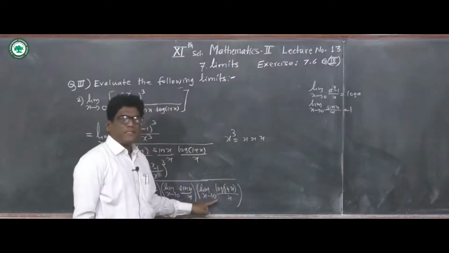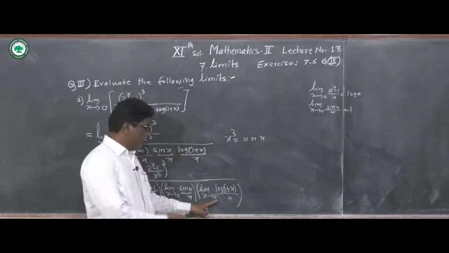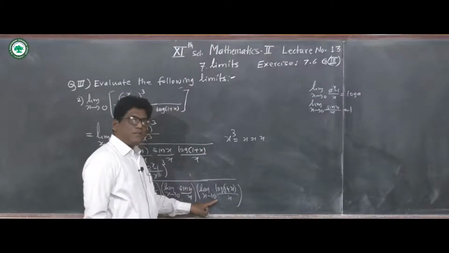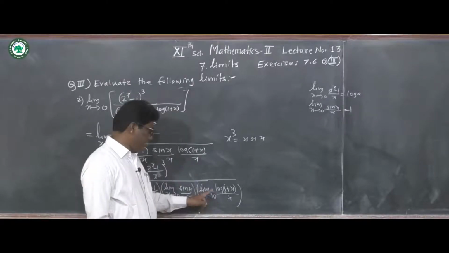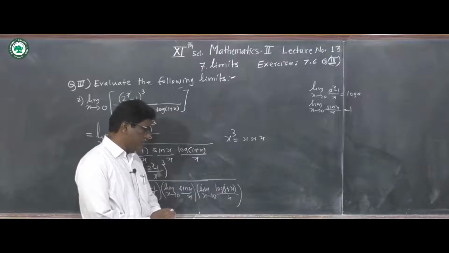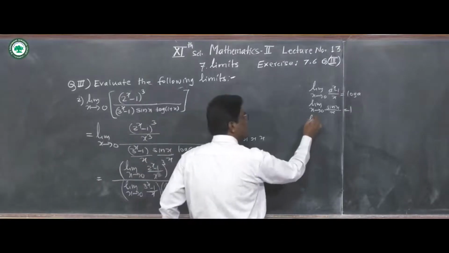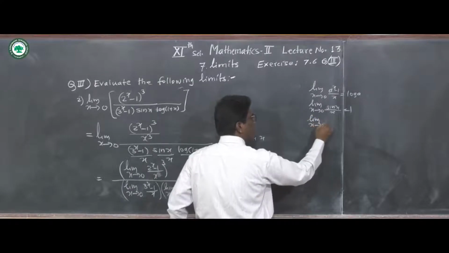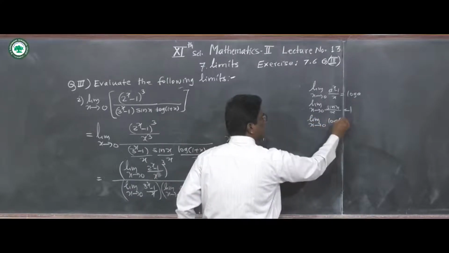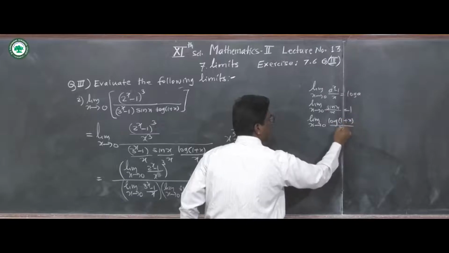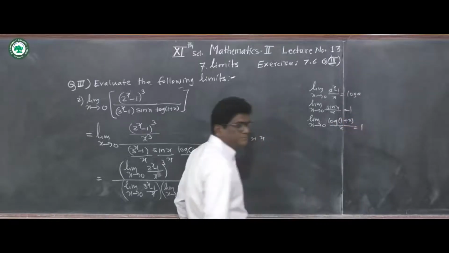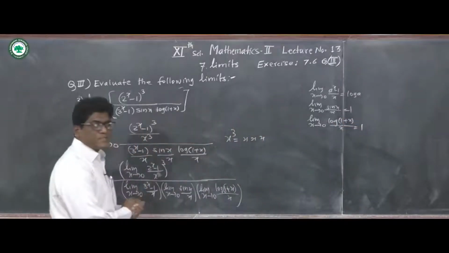And this is also a standard formula. We have seen firstly the formula limit x tends to 0, log of 1 plus x divided by x, and that is equal to 1. We have seen all these formulas.